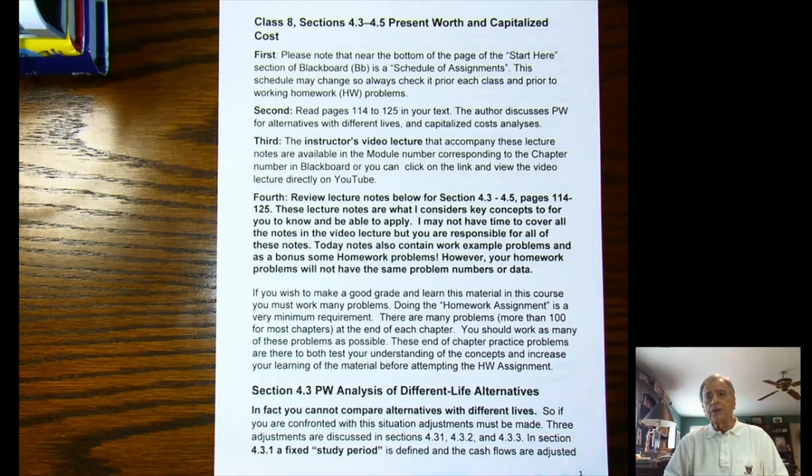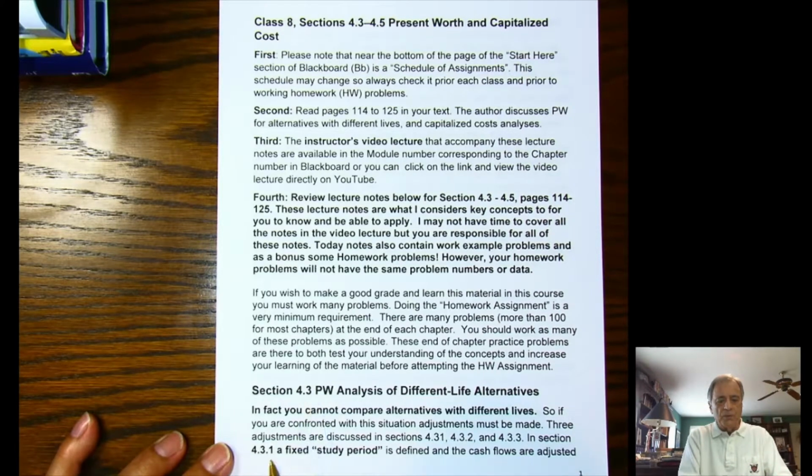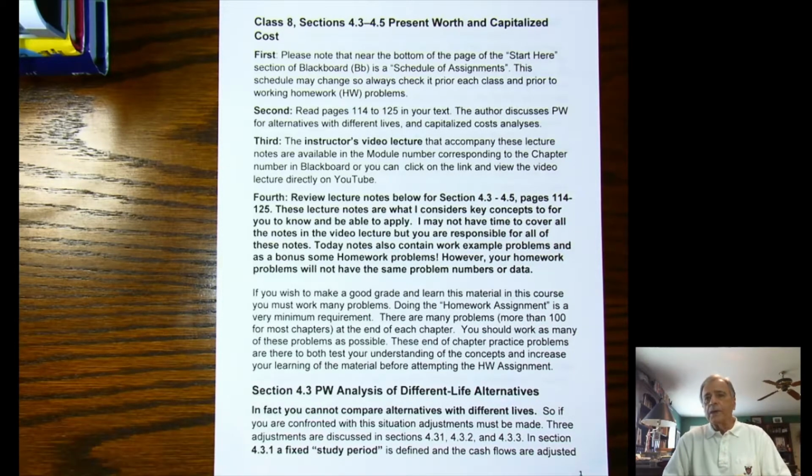And the author discusses some methods for doing that. In section 4.3.1, he talks about a fixed study period, where the company decides some number of years is what they're going to look at, and then all the projects have to somehow fit into that fixed study period.